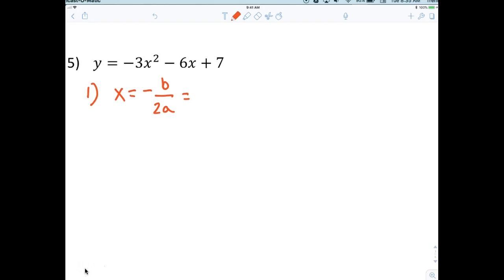Now in this case, what is b? B is negative 6. So I want you to write negative 6 over 2 times, what's a? Negative 3. Now we're going to simplify that. 6 over 6, which is equal to negative 1. So the axis of symmetry, x equals negative 1.